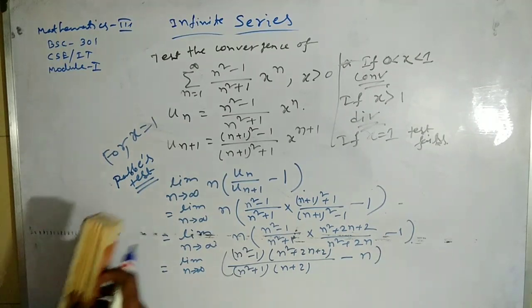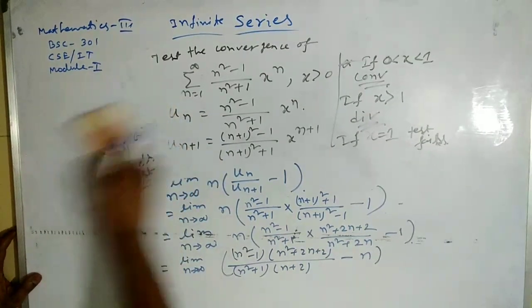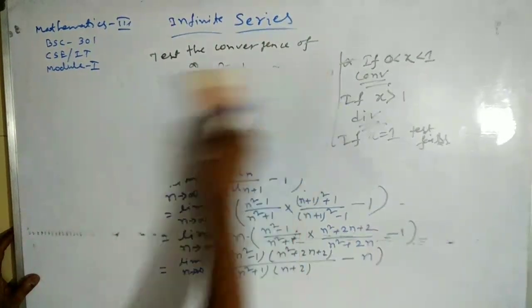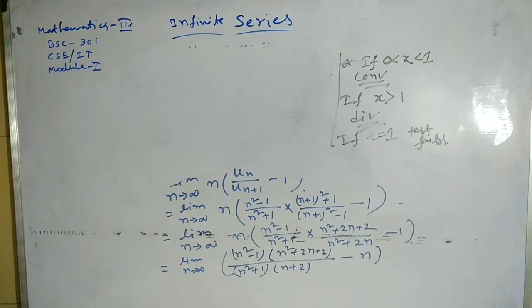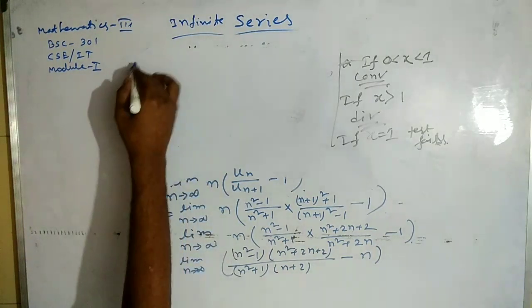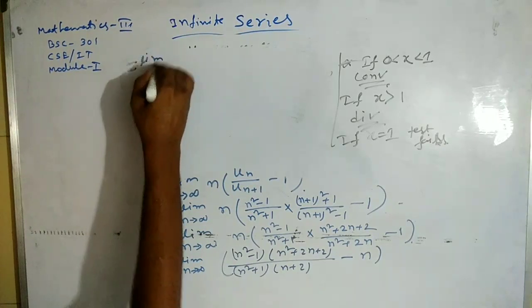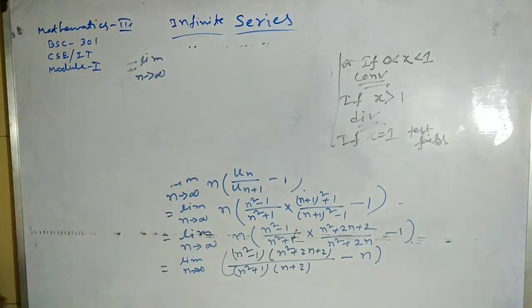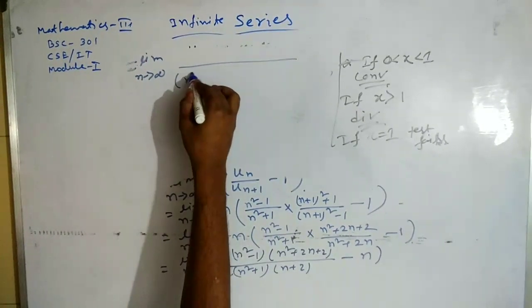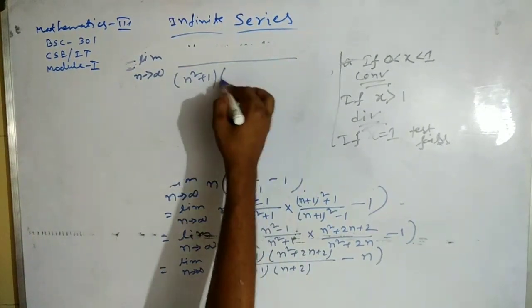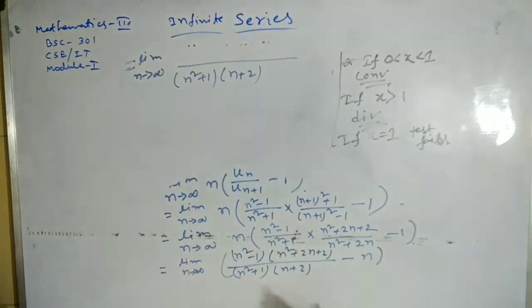Now I am removing this. So to find this limit, first we subtract this, so this will be limit n tends to infinity (n² + 1) into (n + 2).